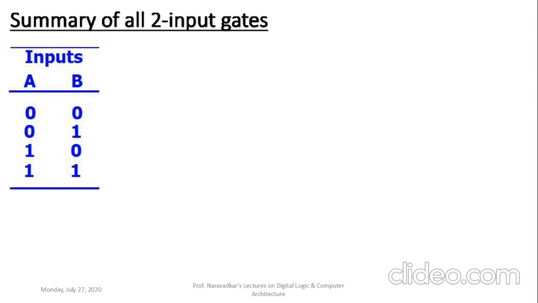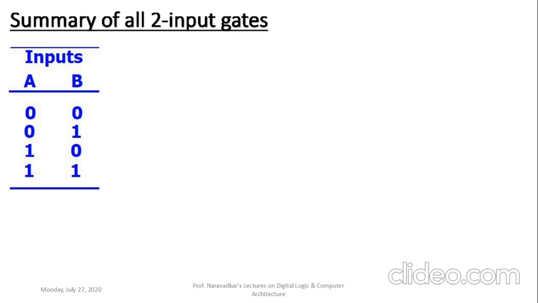First of all, the inputs. Now inputs for 2 input gate can be designated by using any variable, say for example variable A and variable B. These are the 2 inputs. And these 2 inputs will be having 4 binary combinations here.